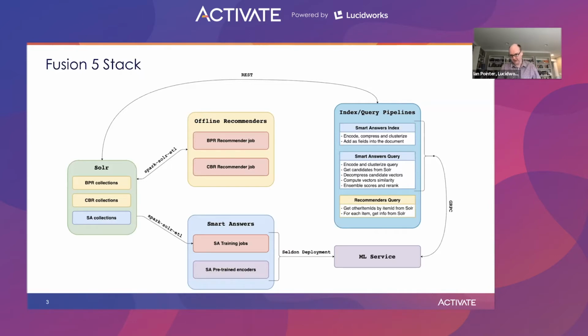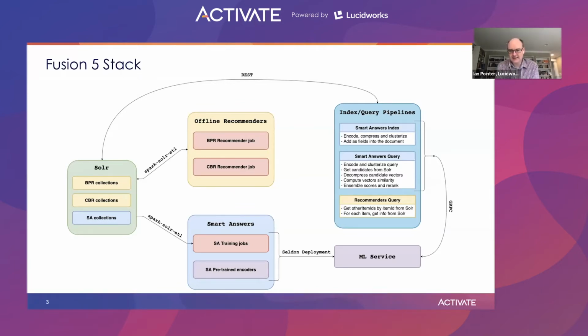So that calls out via gRPC to the ML service, which talks to the Seldon Core deployment. Once we have that information, we then get potential candidates from Solr, which gives us a list of documents, all of which have compressed candidate vectors, which were stored in the indexing phase. So we have to decompress those candidate vectors. We compute the vector similarity between those candidates and our incoming query. And then finally, we ensemble the scores of the vector similarity and the Solr scores and re-rank and then pass that down through to the rest of the pipeline.